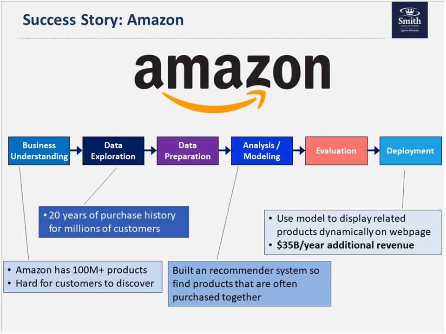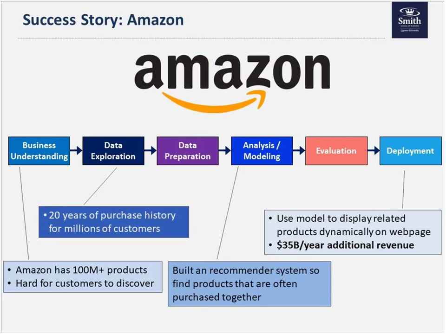Here's a quick success story of Amazon. So Amazon has 100 million products or more, as we said. So it's very hard for customers to discover, impossible for customers to discover what's out there. At the same time, Amazon realized that they had tremendous data. They had 20 years of purchase history for millions of customers.